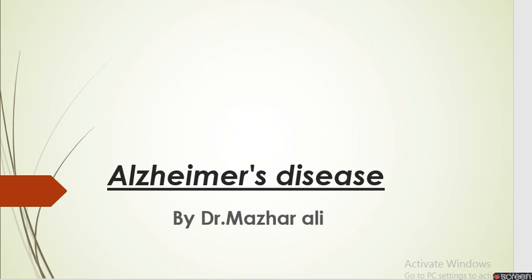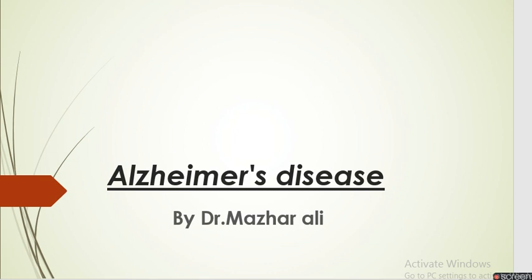In neurology today I will talk about Alzheimer disease, which is very common in older patients. Why? Because in old age patients there are neurodegenerative changes occurring in the cerebral cortex, or in the neurons, so that disease is very common in old age patients compared to young patients. Why?